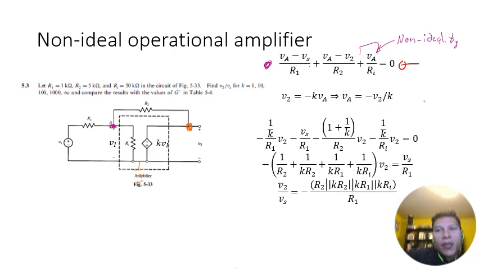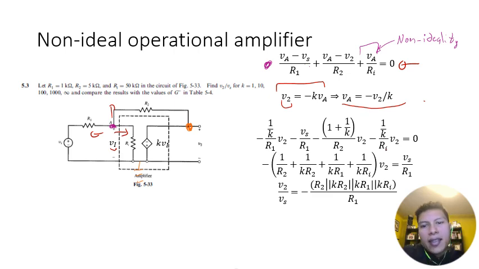Okay, so here I actually derived it a little bit more cleanly. So this is the original equation I had for my KCL applied by evaluating the 3 currents. And then this is that equation that I got for V2 in terms of VA. And then I was able to come up with this equation in the previous slide. Now here I did the algebra slightly differently so that I would end up with a nicer expression.